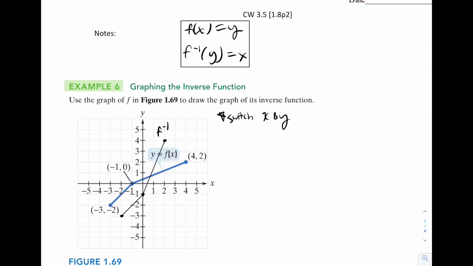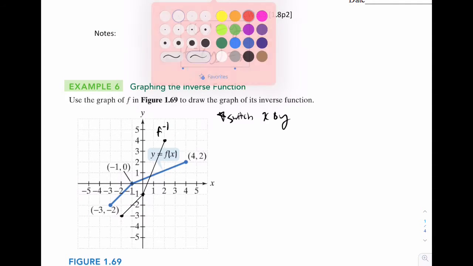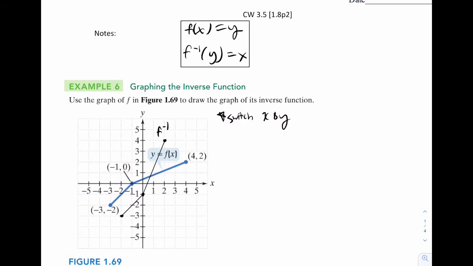Now you might notice that there's some symmetry here. If I were to draw a line right through the origin like this, notice how there's perfect symmetry over that line, and that line would be y equals x.